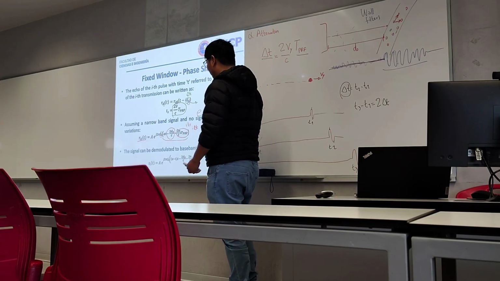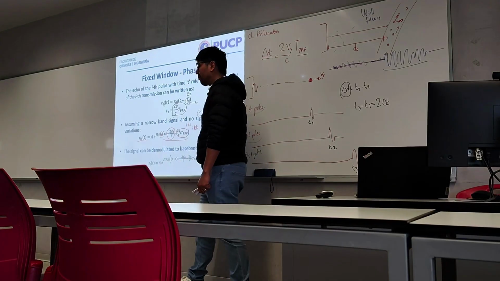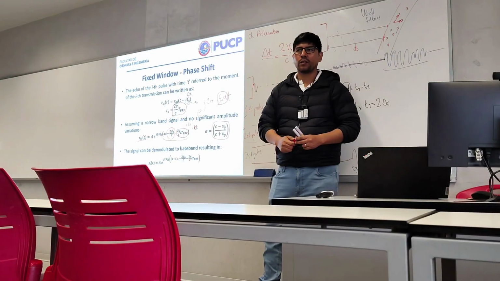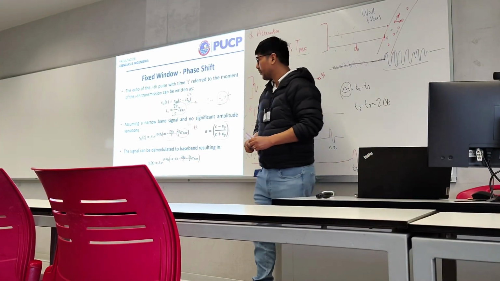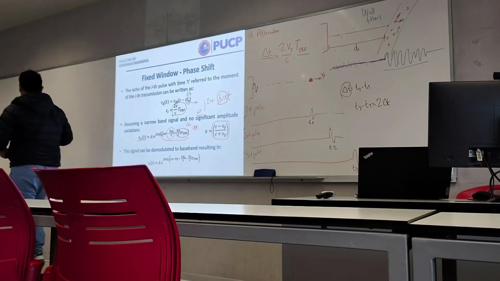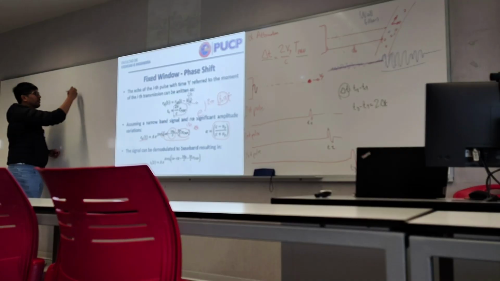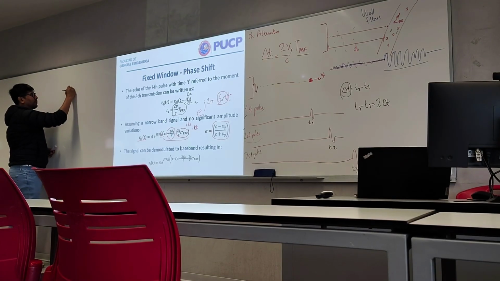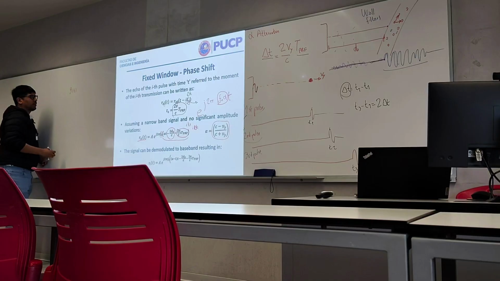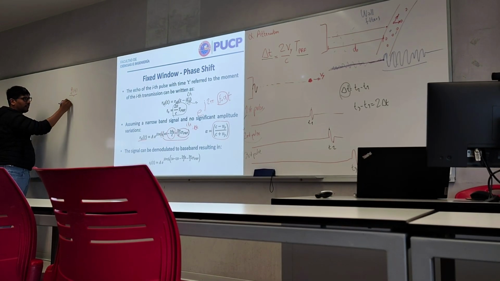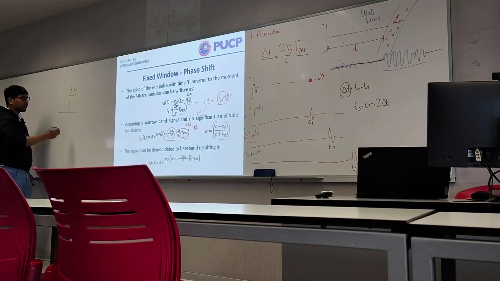So one first thing that can be done is demodulation. You remember what modulation is? For example, if I have some signal, let's call it g(t). g(t) can represent some signal and may have some Fourier transform.